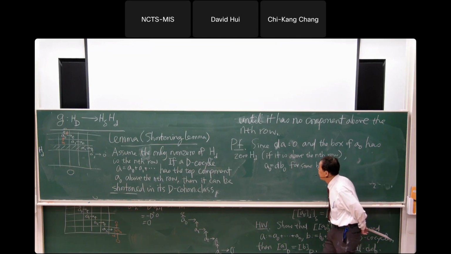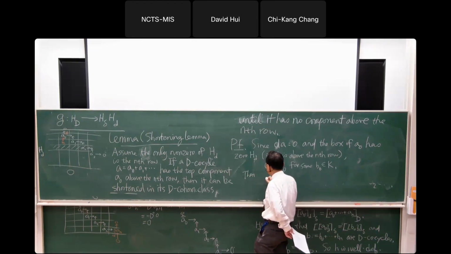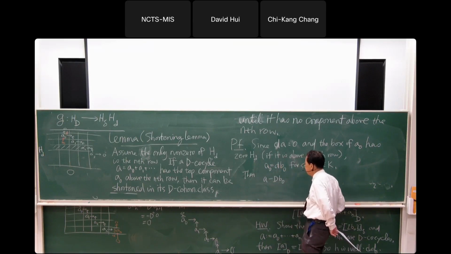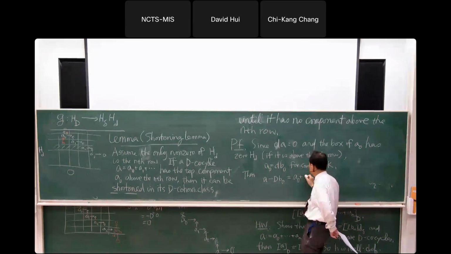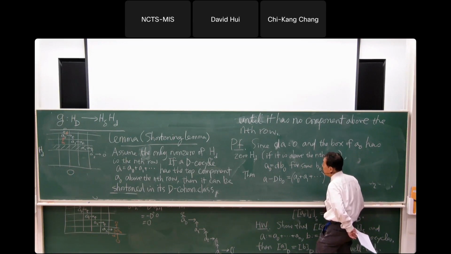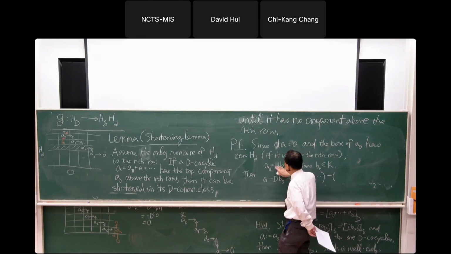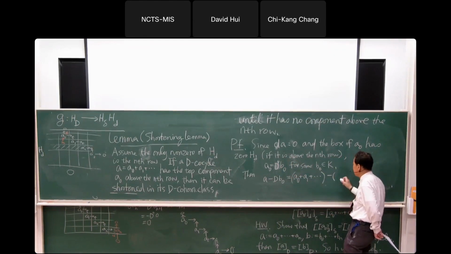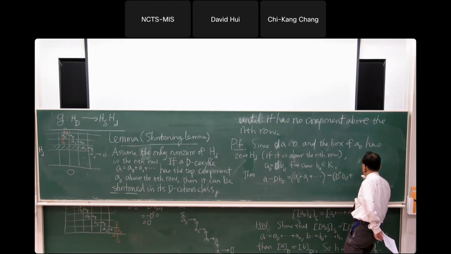And then if you look at A minus dB0, it will be A0 plus A1 plus dot dot dot minus D double prime B0 plus delta B0.